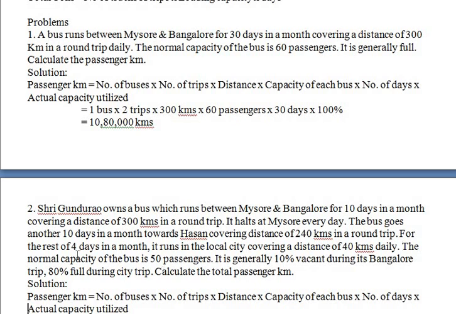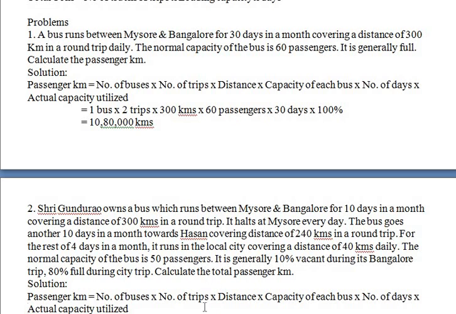For the rest of 4 days in a month, it runs in the local city covering a distance of 40 kilometers daily. The normal capacity of the bus is 50 passengers. It is generally 10% vacant during its Bangalore trip, 80% full during city trip. Calculate total passenger kilometer.